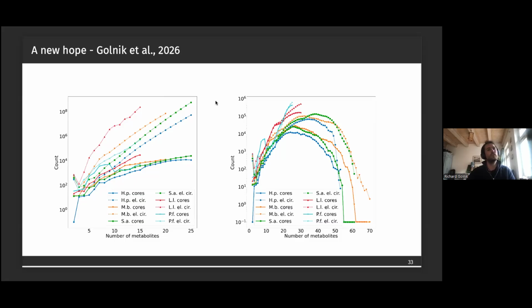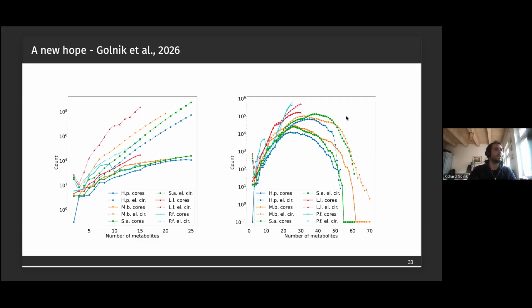It means all those elementary circuits that do not have metabolite to reaction chords.